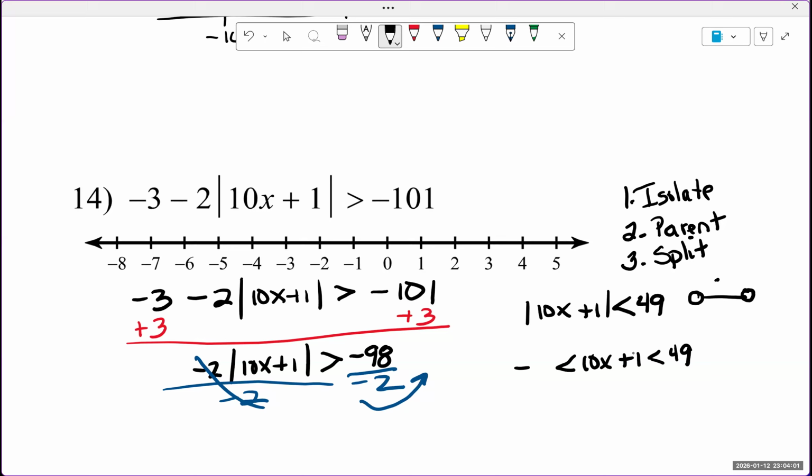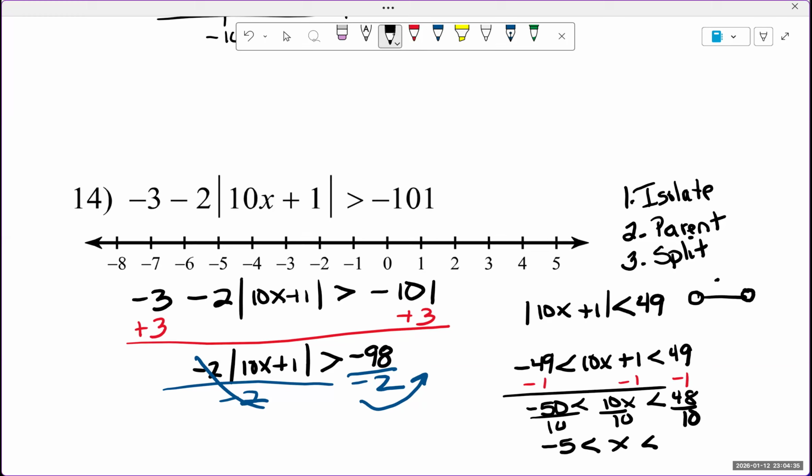And on the other side, we put negative 49. Next step, subtract 1 in the middle, 1 on the left, 1 on the right. And divide the middle by 10, the left by 10, and the right by 10. So we have negative 5 less than x less than 24 over 5.